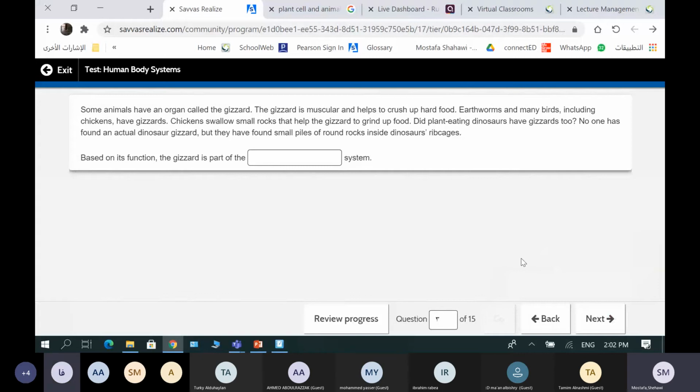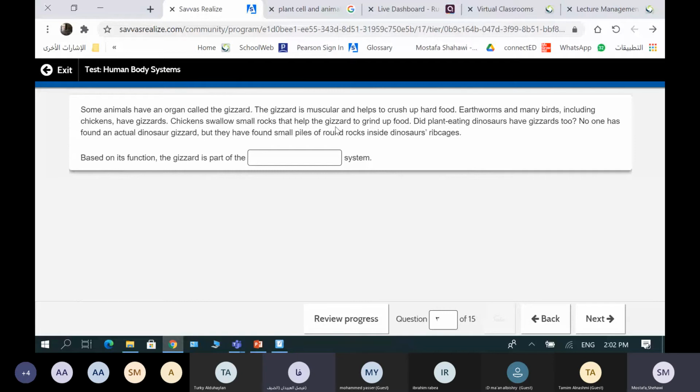Yes, some animals have an organ called the gizzard. The gizzard is muscular and helps to crush up hard food. Earthworms and many birds, including chicken, have gizzards. Chickens swallow small rocks that help the gizzard to grind up food.